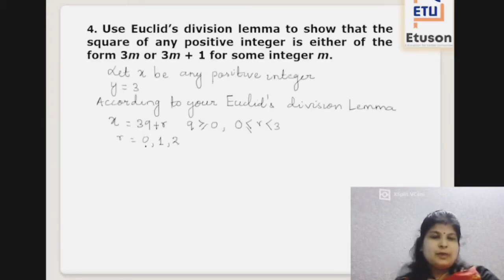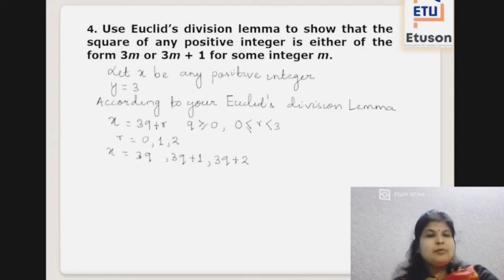So taking the remainder as 0, 1 and 2, x will be either equal to 3q or 3q plus 1 or 3q plus 2. Correct or not? It's very simple. In place of r, I have just replaced r with 0, then 1, then 2. So I have got these three possibilities for the x value.